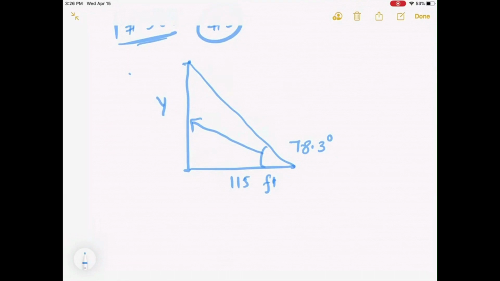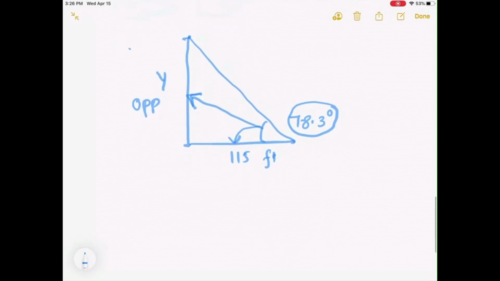Same idea, I'll focus on this angle. I'm looking for the opposite side for this angle, and what I know is the adjacent side. So I'll go for the ratio that has both opposite and adjacent, which is tangent. Again, tangent or cotangent, whichever one, but I guess tangent is the easiest.